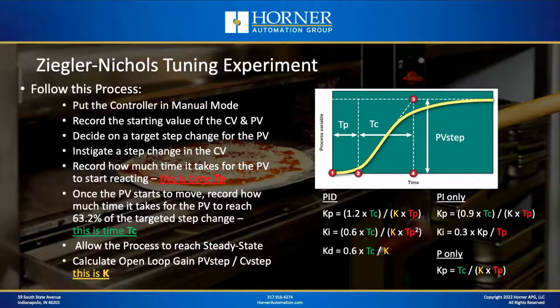And then while that's happening, you're going to be recording some values really for the purpose of determining some time constants, or at least some time values. And then once you've determined those time values, then at the end, you're just going to plug those into the equations on the lower right to come up with your initial coefficients for P, I, and D. Okay, so that's the Ziegler-Nichols tuning experiment.